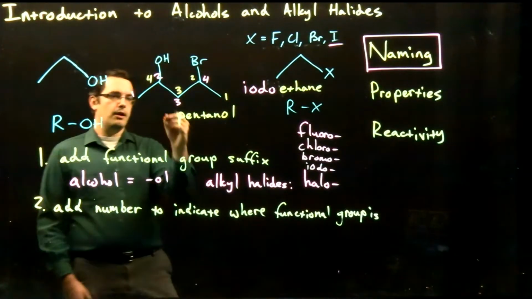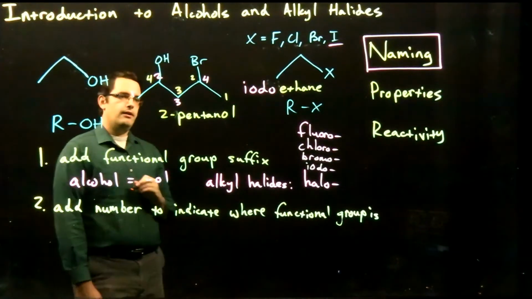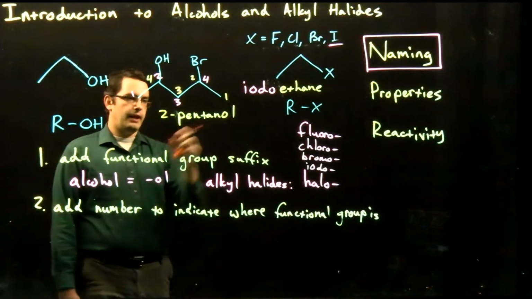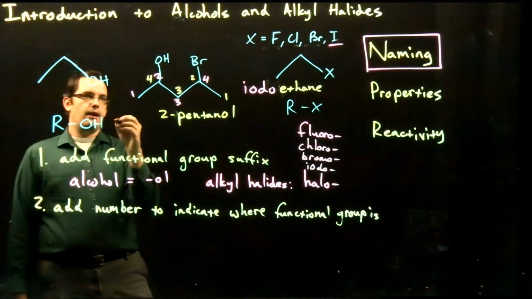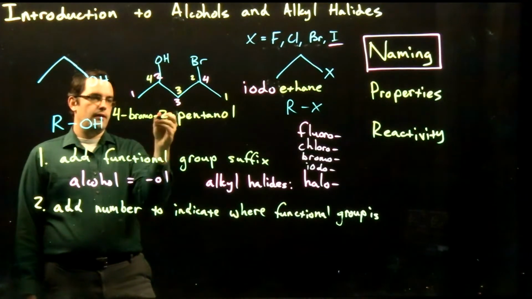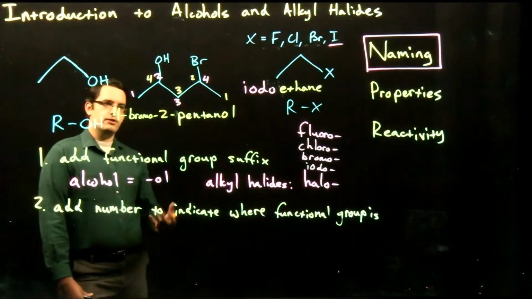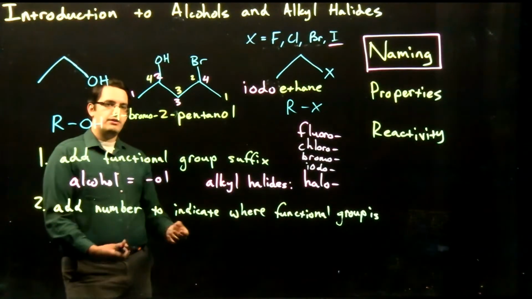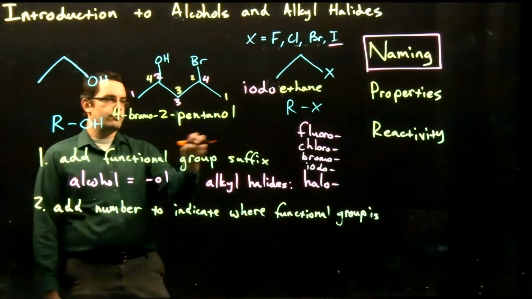I'm going to put that number in front of my name here that indicates my alcohol, and then I'll have a 4 for my bromine. So it becomes 4-bromo-2-pentanol.